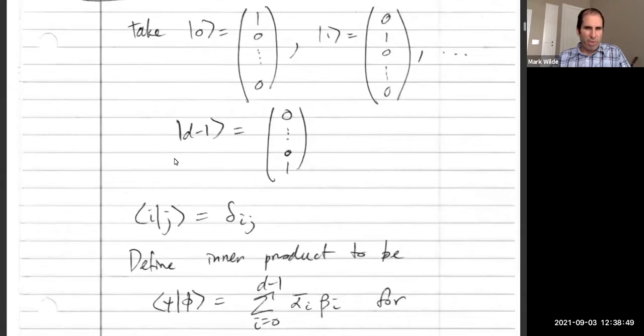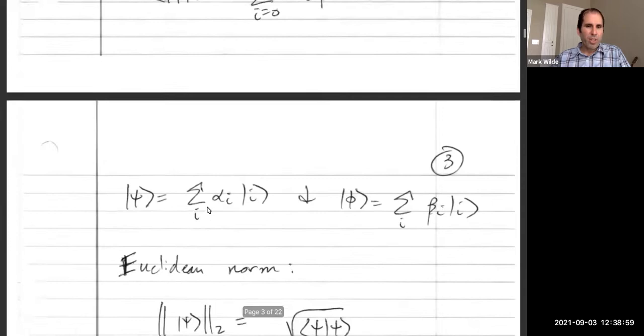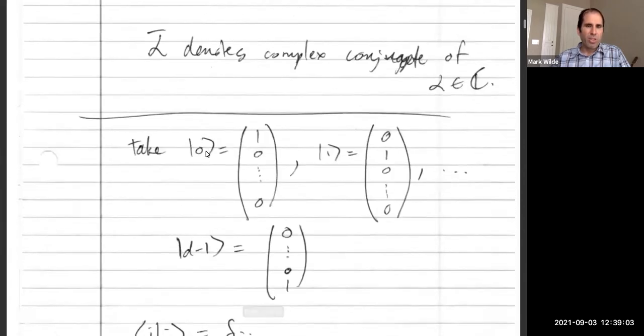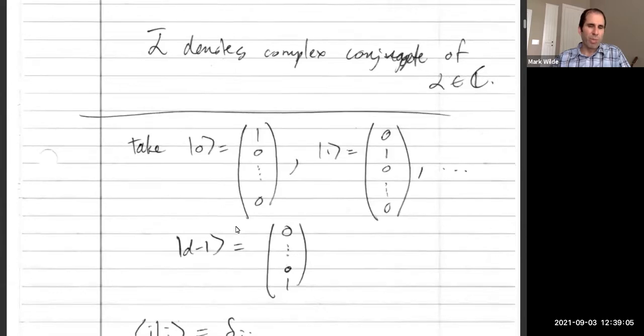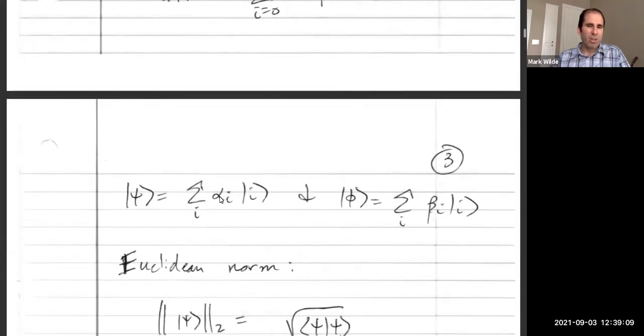And then if you evaluate their inner product, it'll come out to the Kronecker delta function. Okay, and in general, the standard basis is an orthonormal basis, and any other vector we can expand in terms of this standard basis with complex coefficients alpha i, and phi will have coefficients beta i.